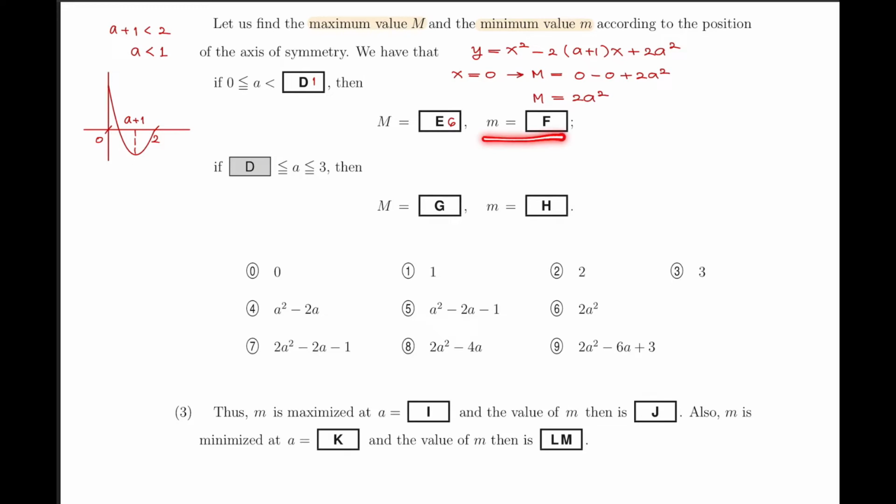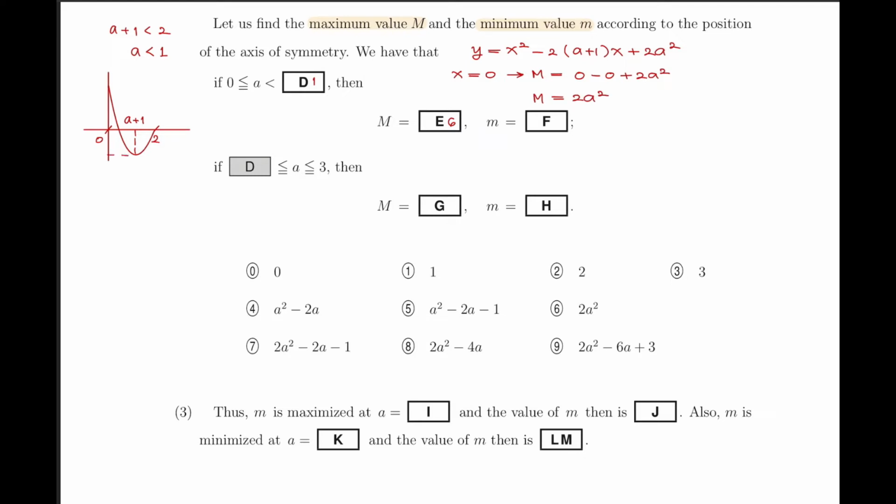And then how about the minimum value? If you see from this curve, the minimum value will be obtained when x equals A plus 1. When x equals A plus 1, we will get the y coordinate of the vertex. That's the minimum value. The y coordinate of the vertex we already found in our earlier working.